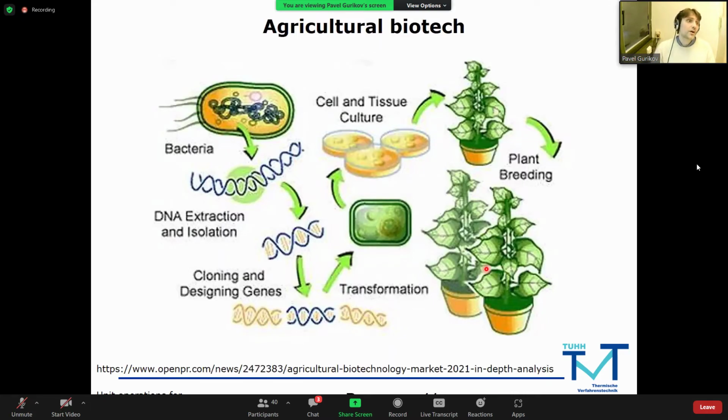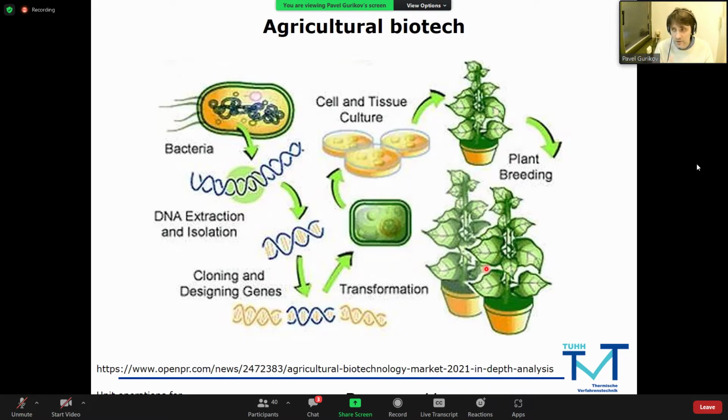The second thing, agricultural biotech. What do we understand by agricultural biotech? We basically create new plants which contain specific genes which make these plants more stable against pesticides, and which give other features to the plant.